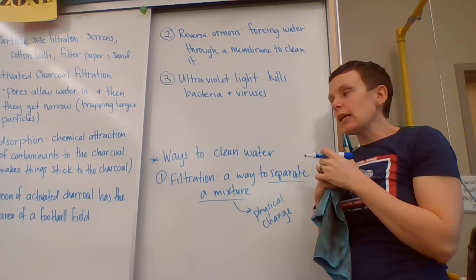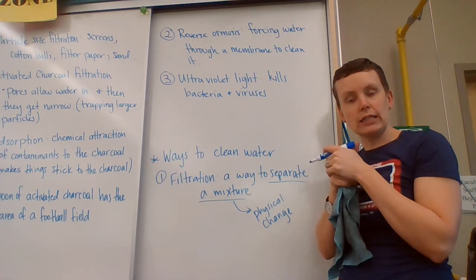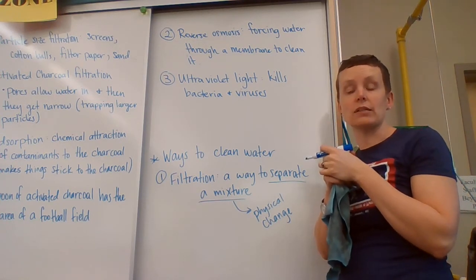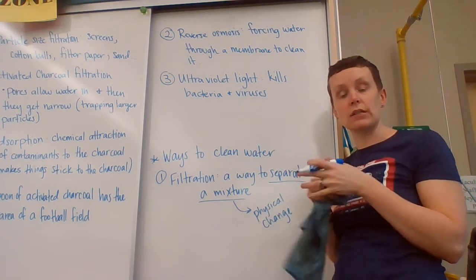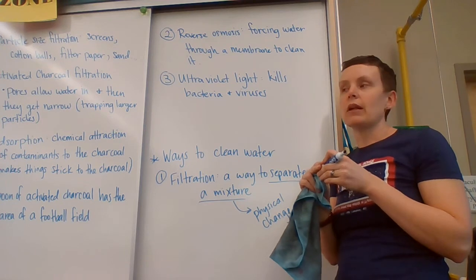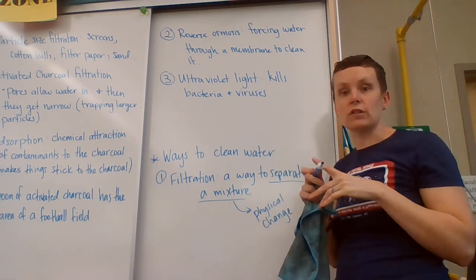So typically, if you have activated charcoal, you probably don't need ultraviolet light to clean that water, because activated charcoal will trap viruses and bacteria because they're pretty big. Viruses and bacteria are really big compared to some of the things that go through, way too big to go through activated charcoal if you have your filters set up right.